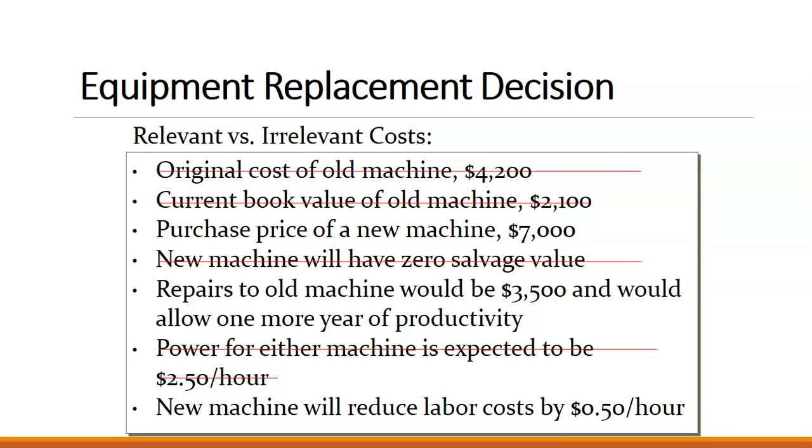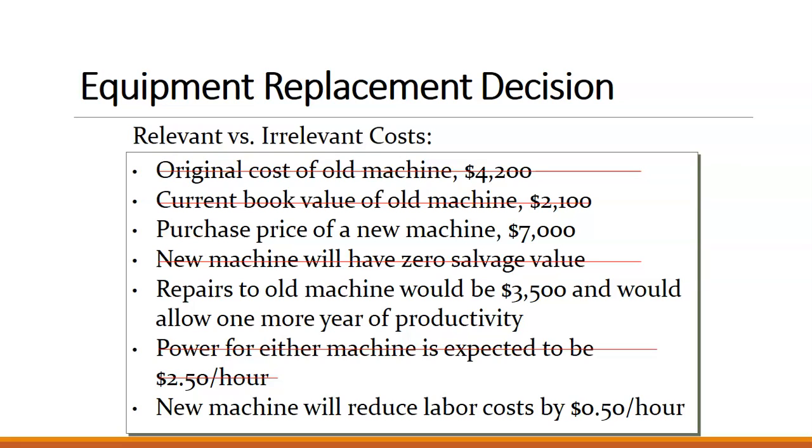So the only things that are relevant are the things that happen if we make the decision to purchase a new machine. So the purchase price of a new machine would be relevant in that decision. The fact that the new machine will reduce labor costs by 50 cents per hour is relevant to that decision.